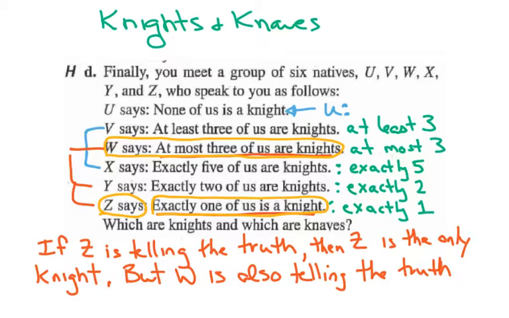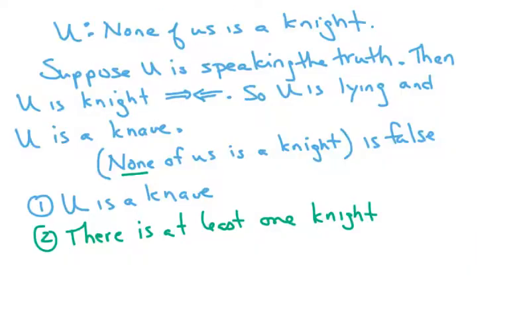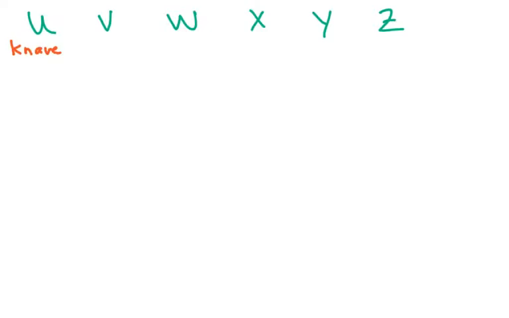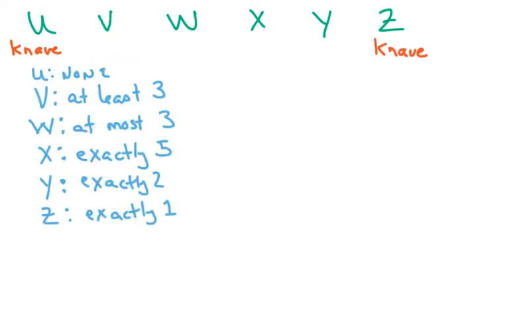So then W is also a knight, and then Z is lying. So I know that Z has to be a knave. Okay, so now we know Z is a knave and U is a knave, and that leaves 1, 2, 3, 4 unknowns. So that immediately tells me that X is lying because there can't be exactly 5. So X is also a knave.